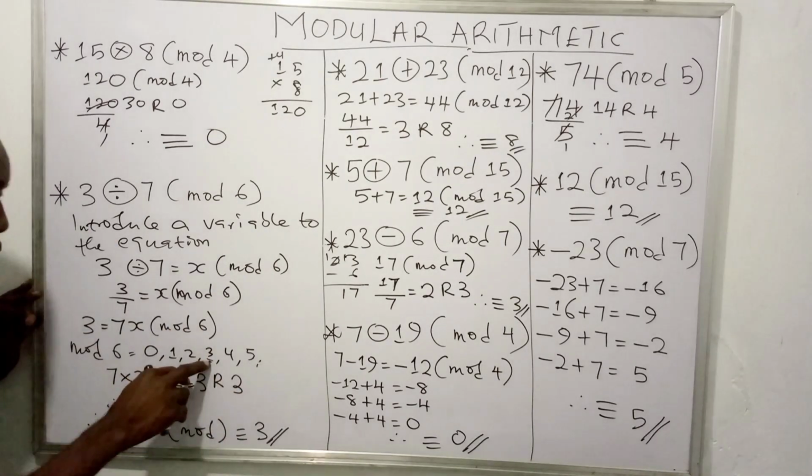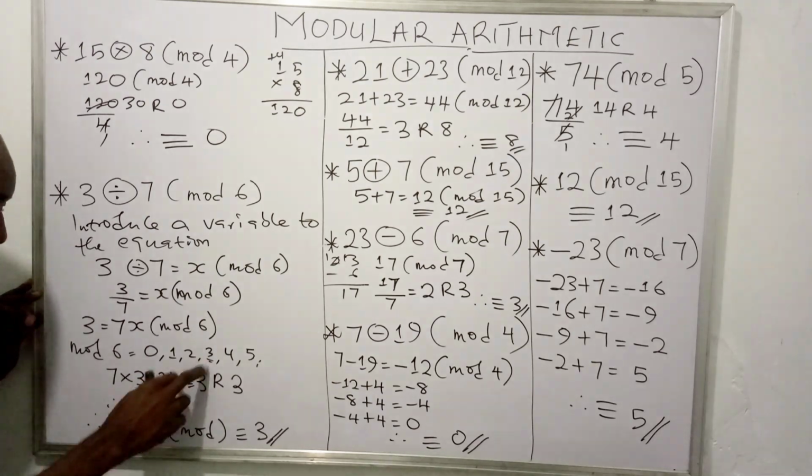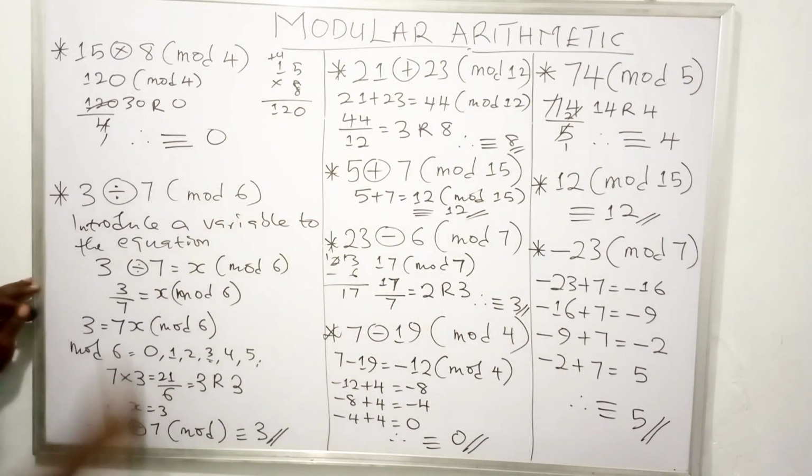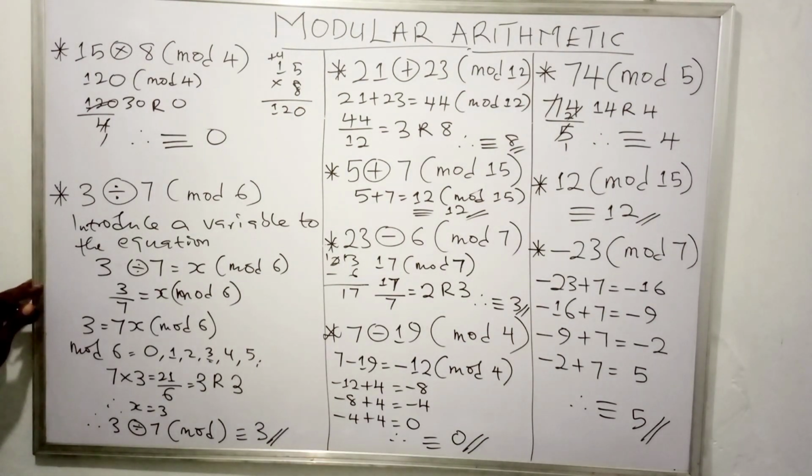When you get that number, the quotient becomes the value of x, and that's the solution to the division. So that will be the size of our lecture today under the topic modular arithmetic.